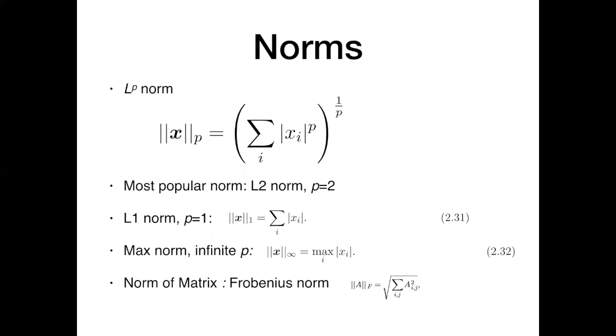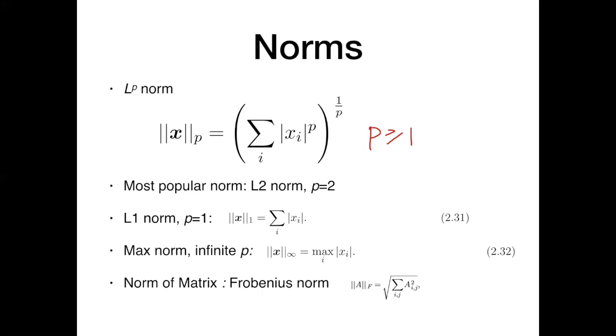Here is an example, and it's the most widely used norm, which we call the Lp norm. This is its definition. In this definition, p should be greater than or equal to 1, and p must be a real number.